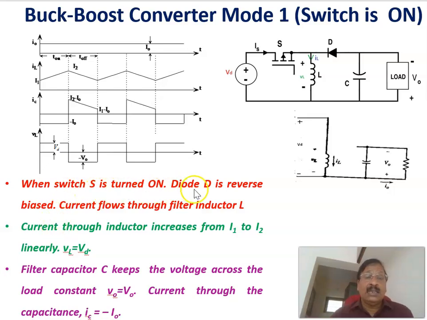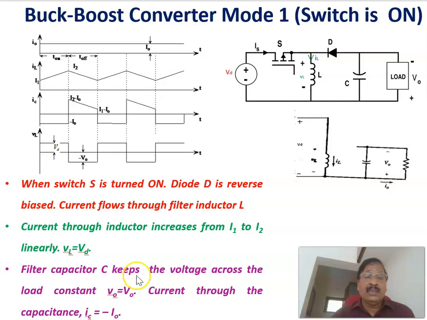And when the switch S is turned on, the diode D is reverse biased. Now this is the equivalent circuit, with the diode reverse biased, and current flows through the filter inductance L. The current through the inductor increases linearly from I1 to I2, and the voltage across the inductor is the same as the input voltage Vd.